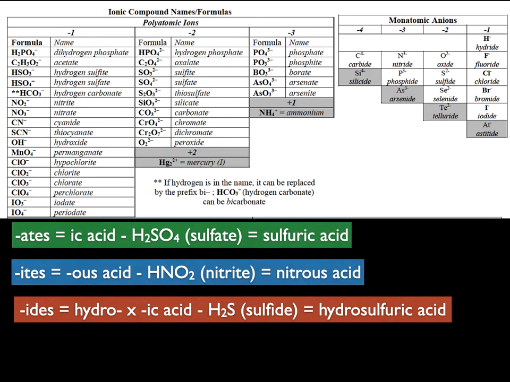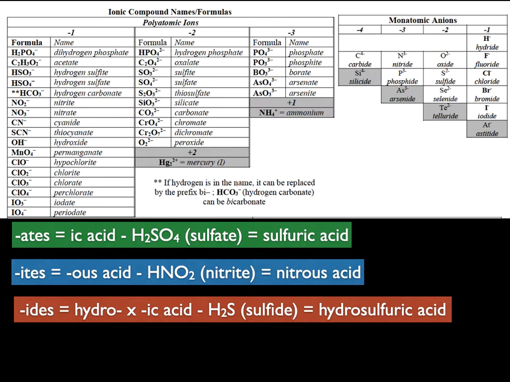So, we look at the polyatomic ion chart. Any of them that end in ATE will become an ic acid, so sulfate, H2SO4 is sulfate, so that becomes sulfuric acid. If it's an ITE, that becomes OUS acid, so HNO2, NO2 is nitrite, so that becomes nitrous acid.